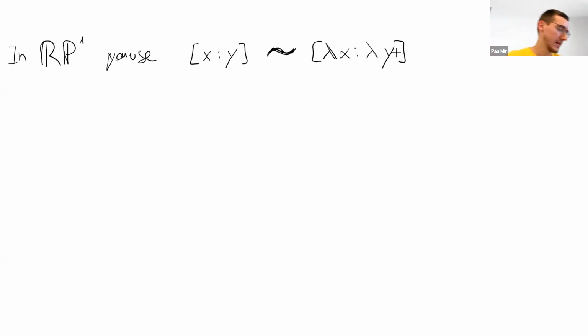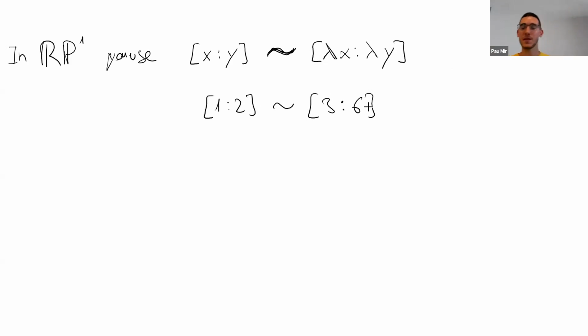For instance, the element 1, 2 is the same element as 3, 6. So the idea is to extend this. And another thing: you are considering all the combinations of x and y, except 0, 0.